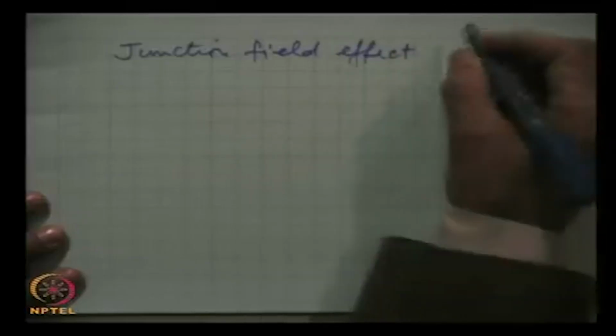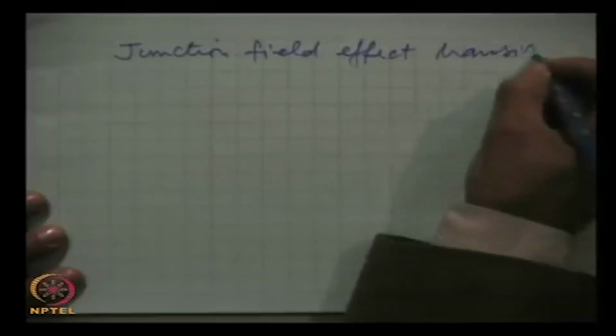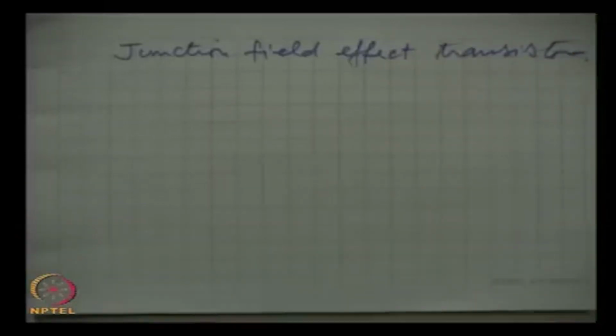Having introduced it, I am sure you have followed the basic differences as compared to BJT and the reasons for popularity, why FETs are so widely used in circuits. Now, we go for the junction field effect transistor.